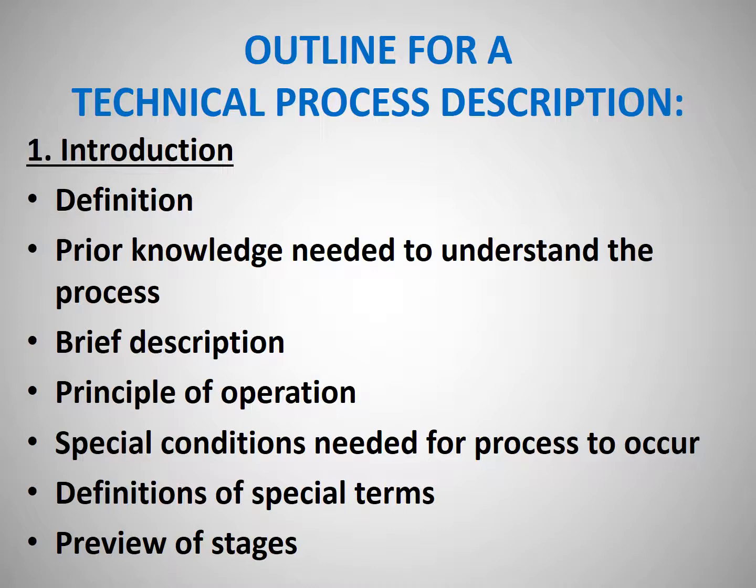As always, you define the process. If there is something that your reader needs to know and remember in order to understand what you are about to describe, you need to put that out there explicitly in the introduction. The prior knowledge that's needed in order to understand this. So with the solar collector, think about it.